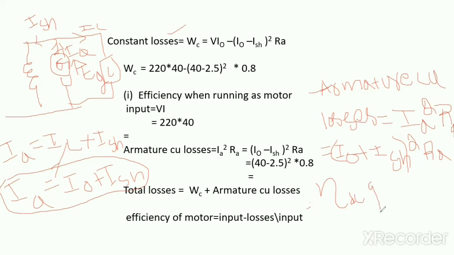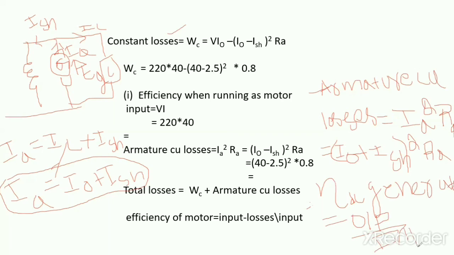Efficiency of a DC generator. What is the formula for efficiency? Efficiency is equal to output by input.